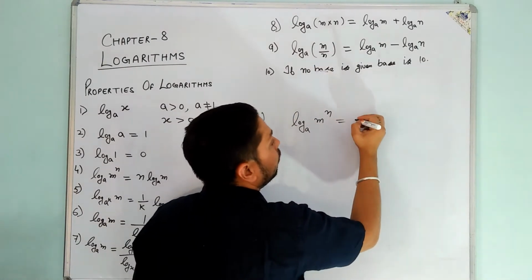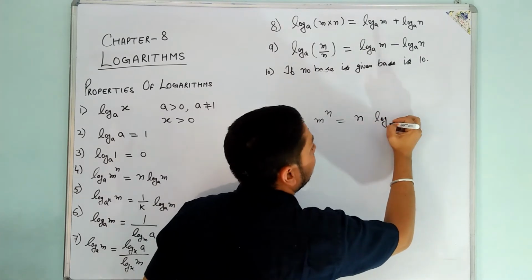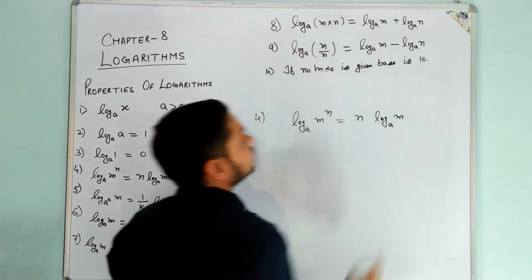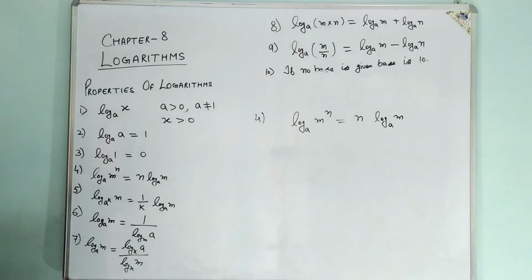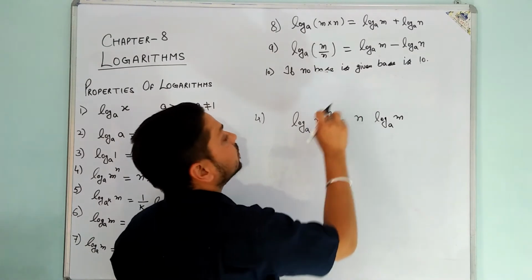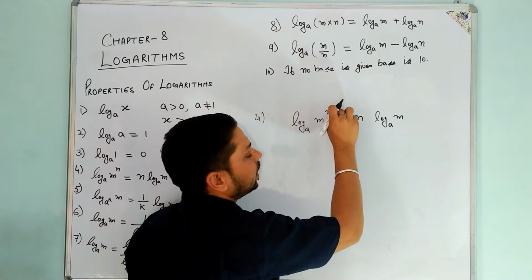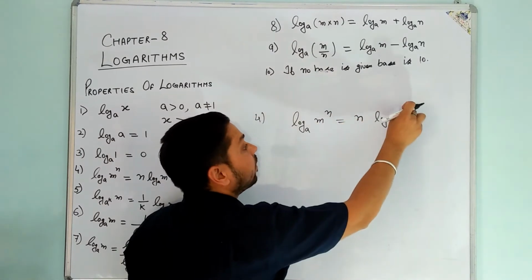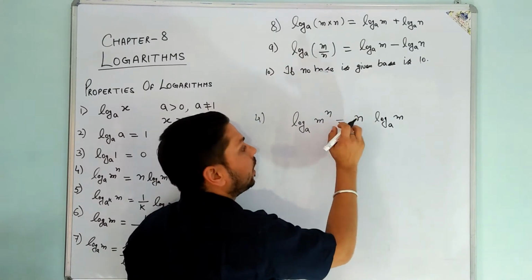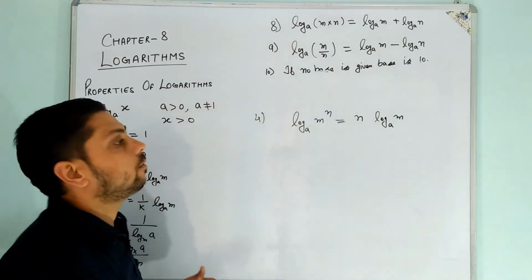This is equal to n times log of m with base a. Now if a power is given here, for example power of a number is given, then the power will come in front and it will get multiplied with the logarithmic function. The rest of the term will remain the same.